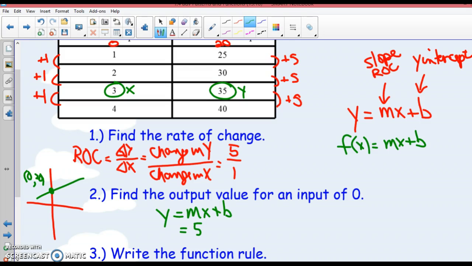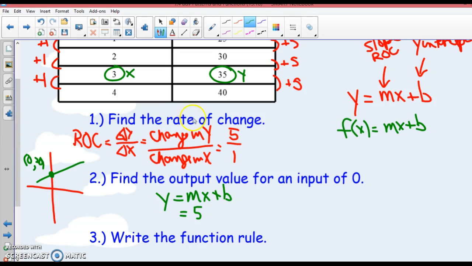So, watch what I'm going to do. What is y in this ordered pair? So I'm going to put that into my equation in the y spot. So 35 equals 5, which is m, times what's x in this ordered pair? 3 plus, we don't know what b is. We're looking for it. So I'm going to leave b.